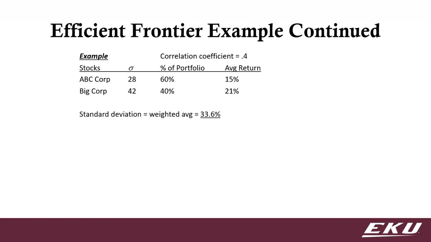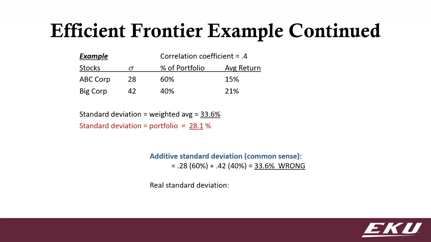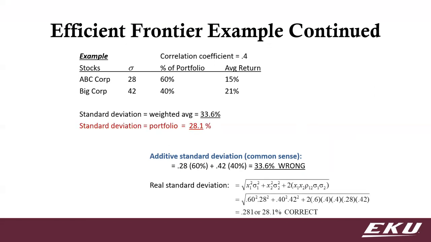So taking that, if we have the correlation now at 0.4, you would think, okay, we can just add that up and get the standard deviation. No, that's not it. You remember how we calculate that. It's the weight squared times the variance, plus the other weight squared times its variance, plus 2 times the weights and the covariance, or the correlation and the standard deviations, right?